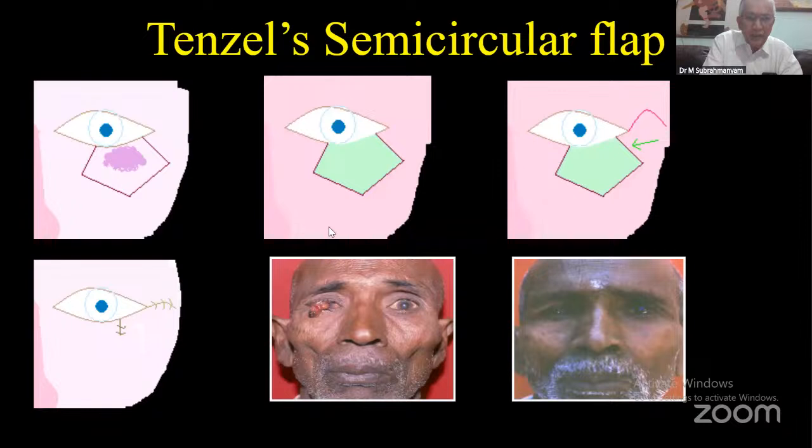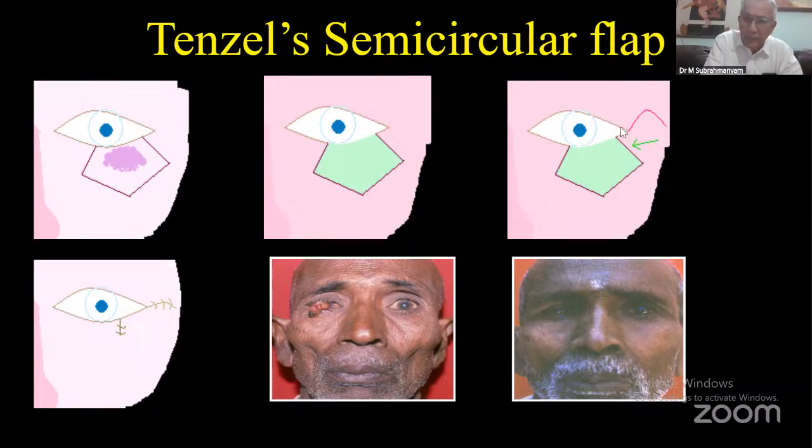Tenzel semicircular flap. Here the tumor is a little bigger, and so a wide excision has been performed, leaving a coloboma which is nearly 40 to 45% in size. Then we do a canthotomy and cantholysis. For the lower lid, we take the temporal flap with the incision going up.